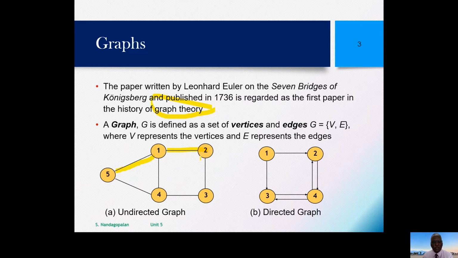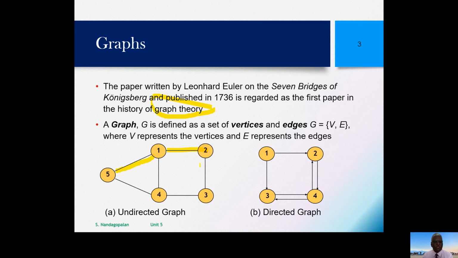Since I don't have a road or an edge from 2 to 4, I cannot go to 4 directly, but I need to take a different path via some edges like 2 to 1, 1 to 4, or 2 to 3, 3 to 4, etc. Since it is undirected, I can either travel from 2 to 1 or 1 to 2. So we say that there exists a path between 1 and 2.